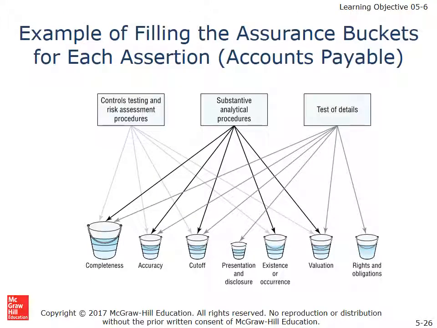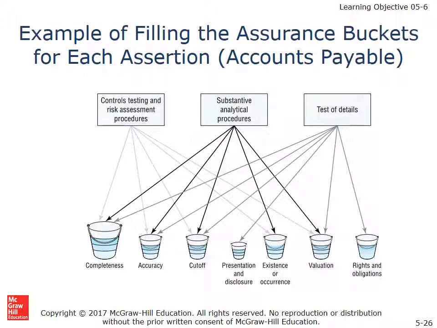Now, here's some more examples of filling the assurance bucket, okay? And we're going to talk more about these in detail. So this is for accounts receivable, and this is on page 146. So an accounts payable example of filling the assurance buckets for each assertion. First, control risk and risk assessment procedures.